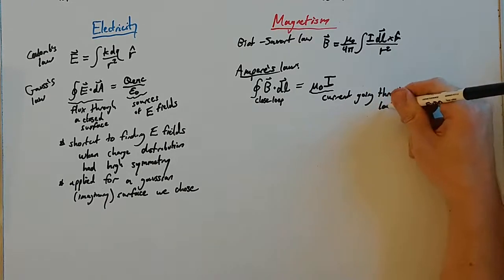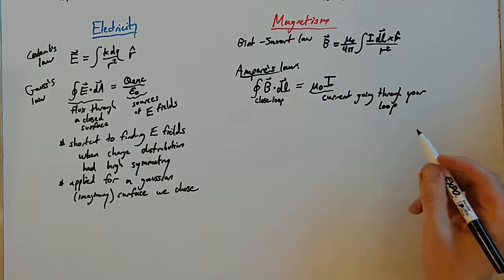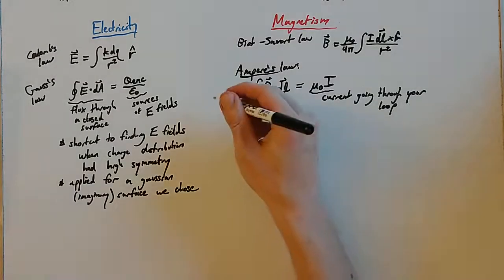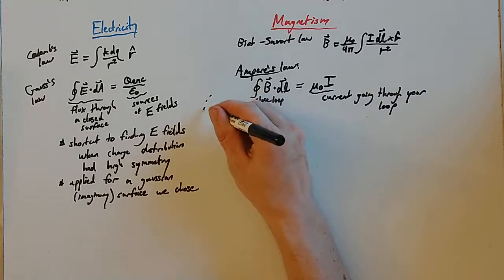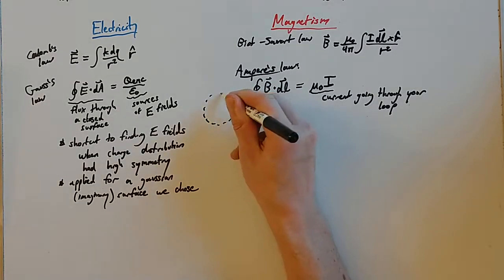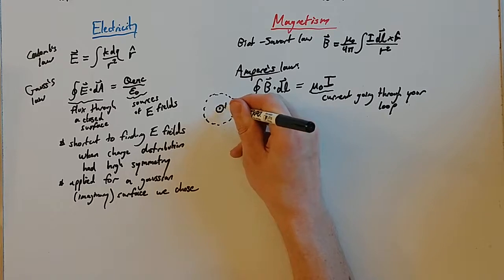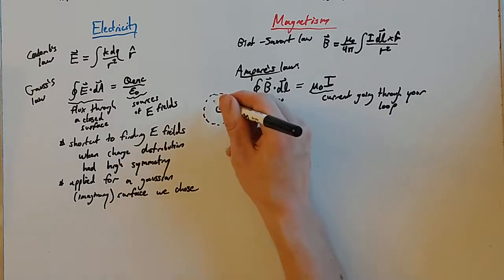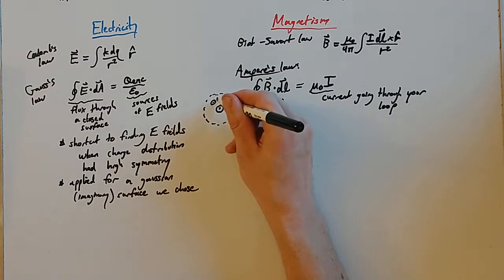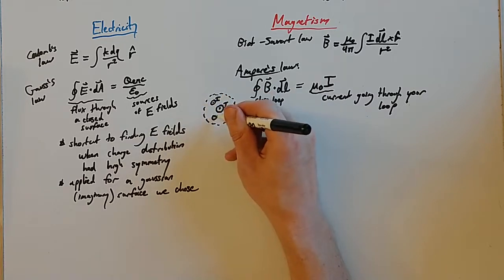What do I mean by that? Maybe I should sketch a little picture. If I have some path that I've walked, and you could imagine that I have some wire coming out of the page. So here's a wire coming out of the page. Whatever wires I put in here, maybe here's another wire, or here's another wire.